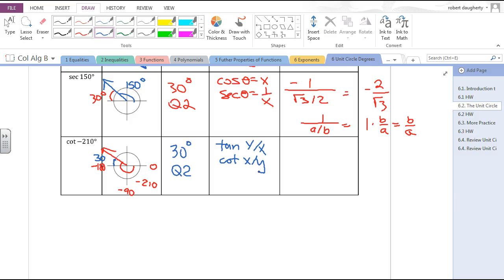It's square root of 3 over 2 divided by 1/2. In the second quadrant, the value will be negative.